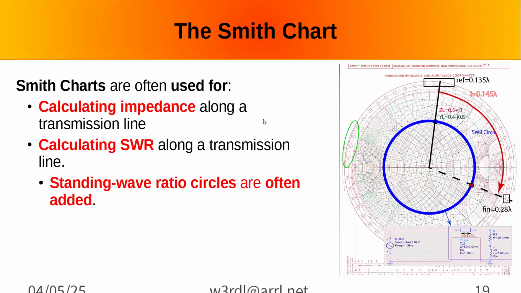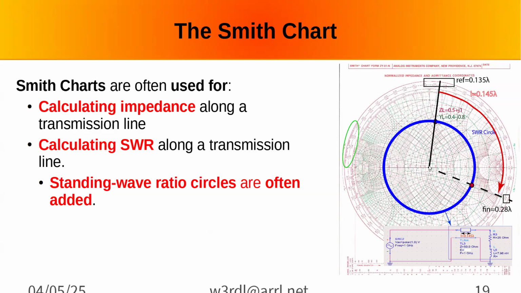Okay, so we can calculate impedance along a line. So if we're doing like the 8th wavelength or something, you can figure out what that impedance would be, depending on what's on the input. You can calculate SWR. All you do is draw a circle.